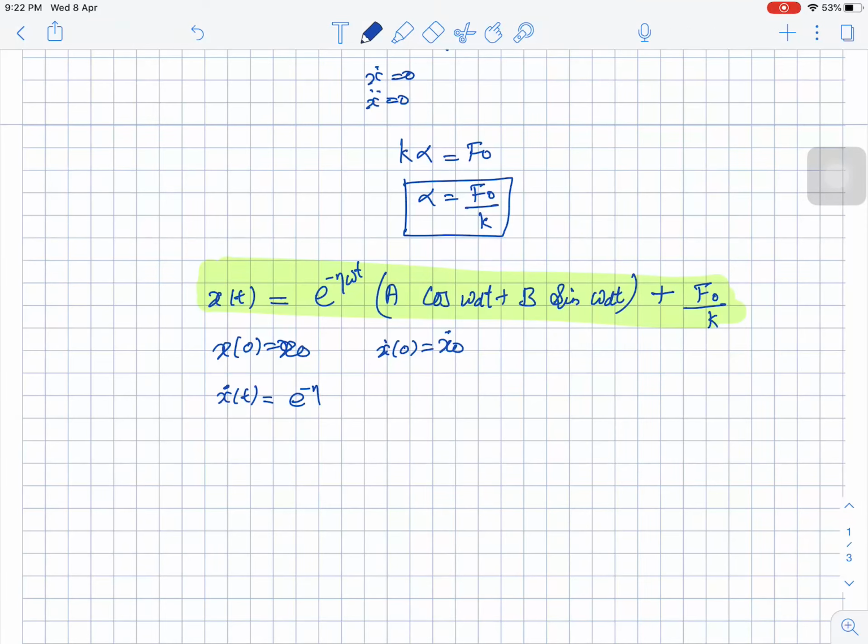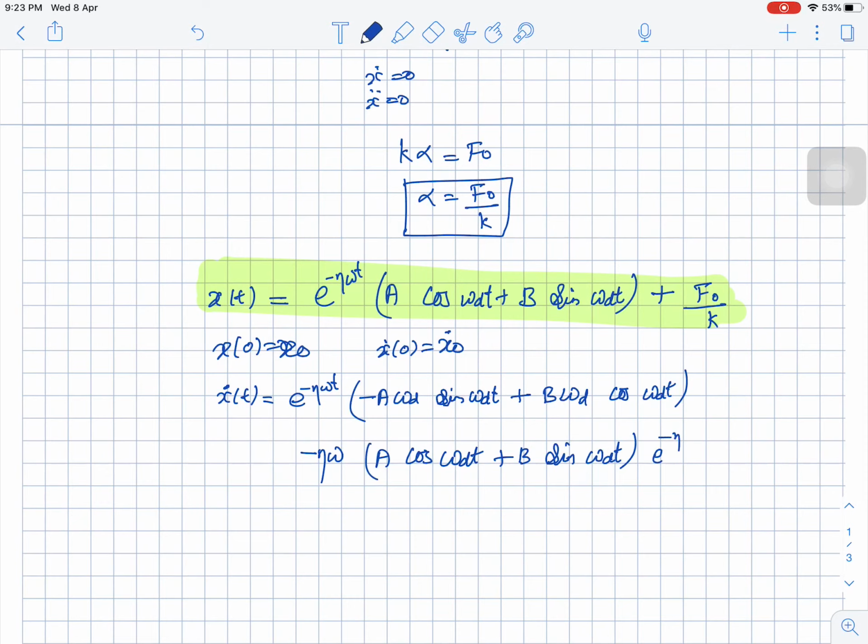So e power minus zeta omega t times minus a omega d sine omega d t plus b omega d cos omega d t, plus, using the product rule, minus zeta omega times a cos omega d t plus b sine omega d t, times e power minus zeta omega t, plus the derivative of the constant part, which is 0.